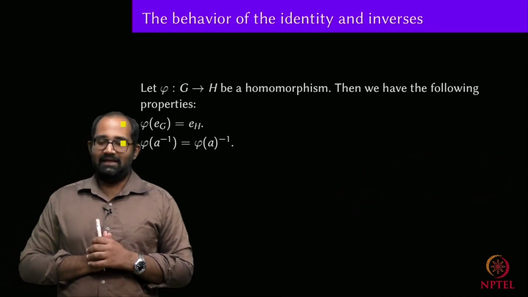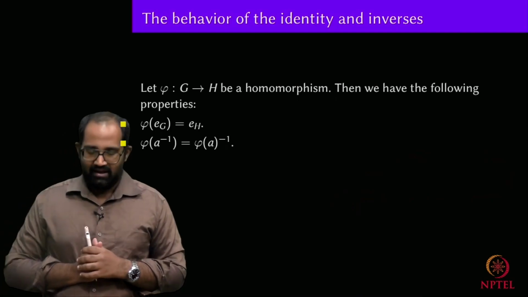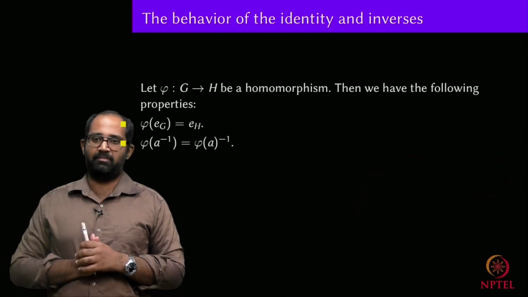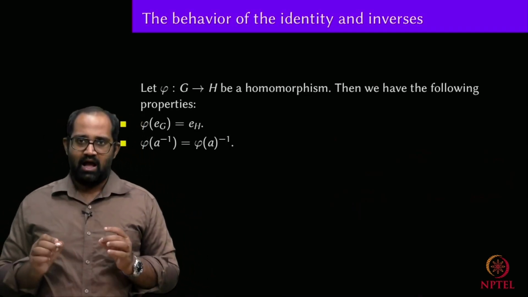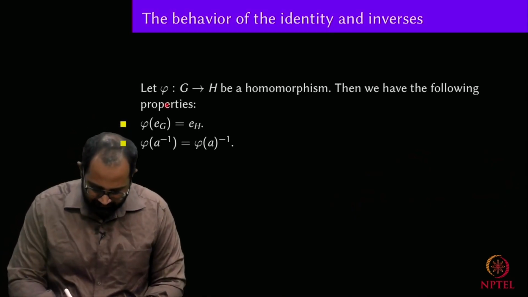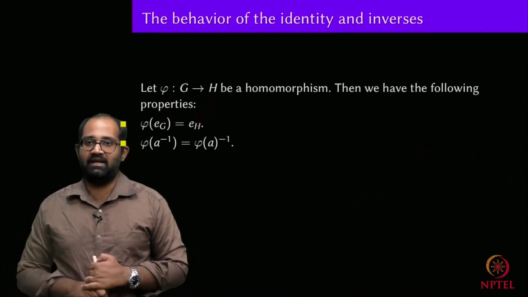Now, even though a homomorphism is not a perfect dictionary, it still preserves some basic algebraic features. What do I mean by that? Here and here alone, for convenience, I am going to denote the identity element on G by EG and the identity element on H by EH.